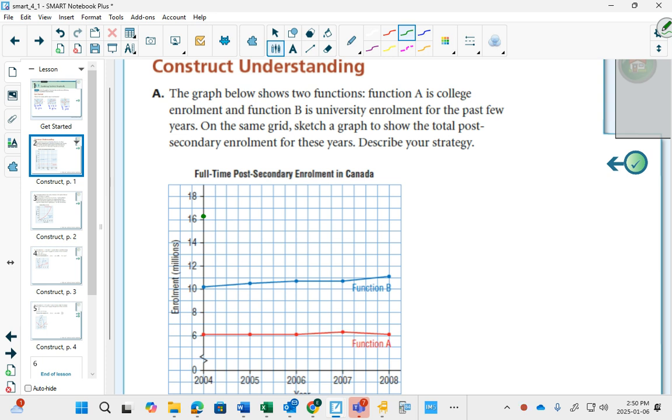And same thing, 2005 is a tiny bit more. 2006, we're almost at 17 million there. 2007, I think we would have just gone over 17 million. And then for sure, in 2008, we could join that up.